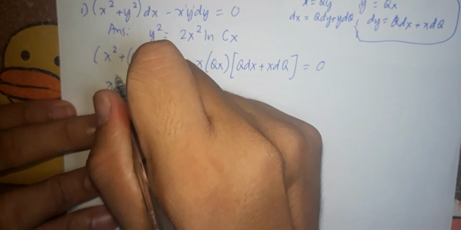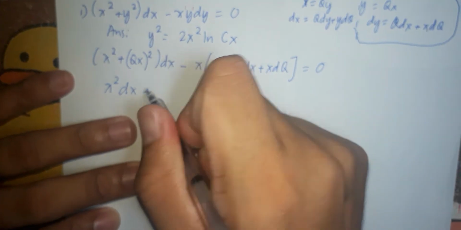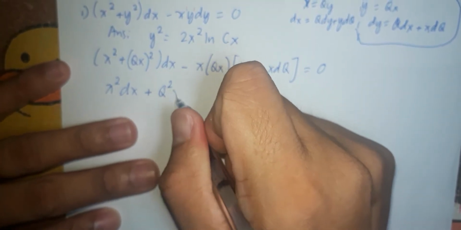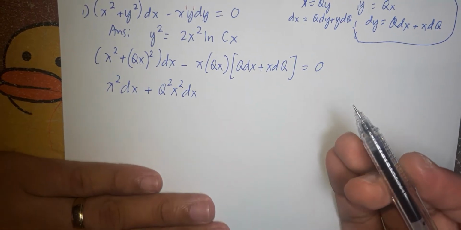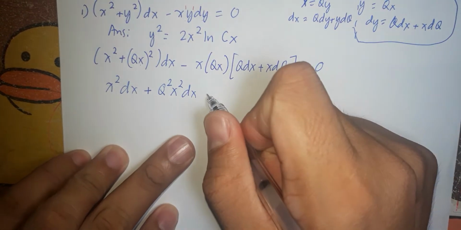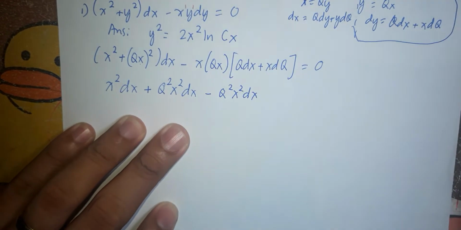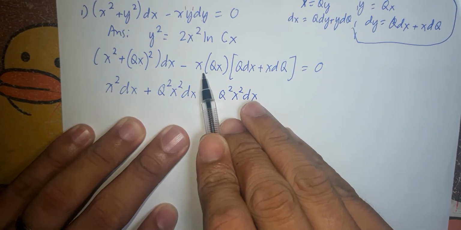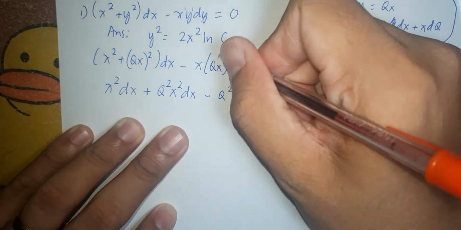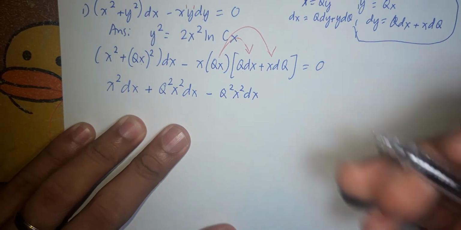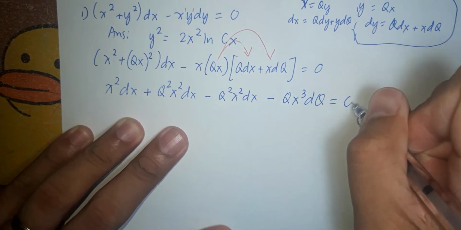Then, simplifying, we get x squared dx, distributing dx in each term inside the parenthesis, giving q squared x squared dx, because q raised to the second power and x raised to the second power is q squared x squared dx, minus q squared x squared dx. This is because x times qx is qx squared, multiplied by q dx is q squared x squared dx if you distribute that to each term inside the parenthesis.